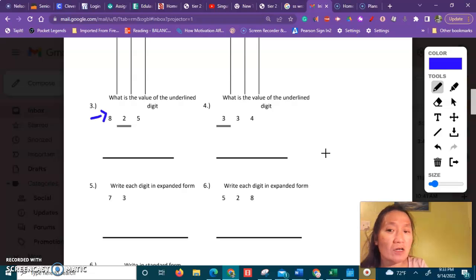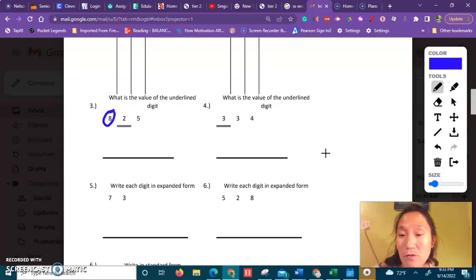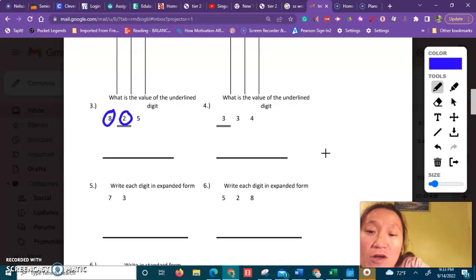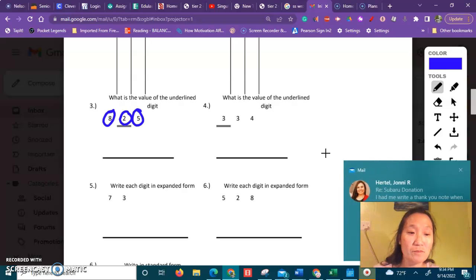That means it tells you, I have 5 $1 bills, I have two $10 bills, 2 pieces of paper. I have 8 pieces of paper, 2 pieces of paper, 5 pieces of paper.